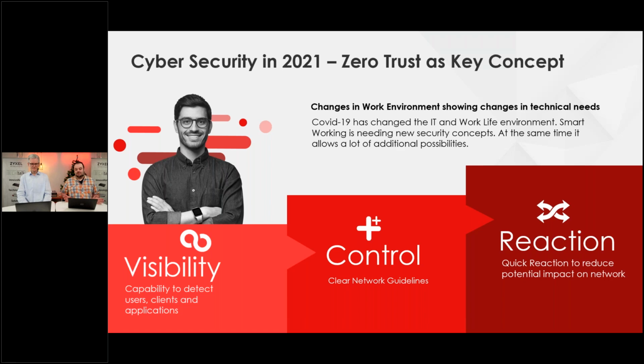First of all, it starts with visibility. You need to know what is in your network, what you can see, what you can find, what is connected to your network. You need to see that somewhere. The second point is control: how you can configure something to meet your needs. The last one is reaction.